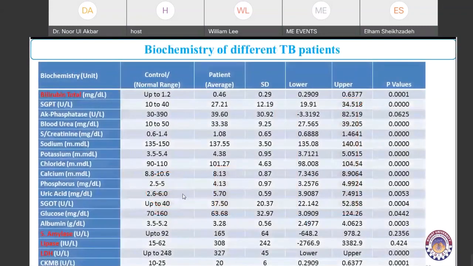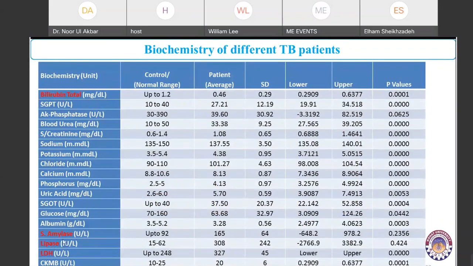The bilirubin level and the amylase, lipase, and LDH are the biochemical tests which show us that a large number of complications were found. Bilirubin normally is 1.2, but in the patients this level was decreased to 0.45 milligram per deciliter.